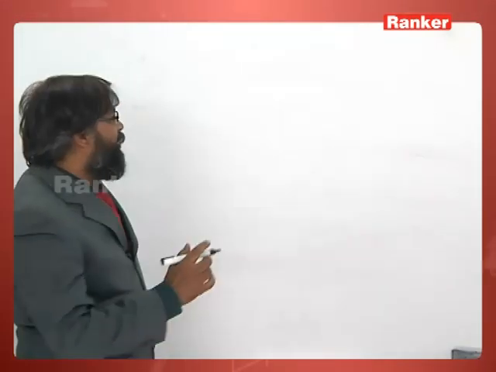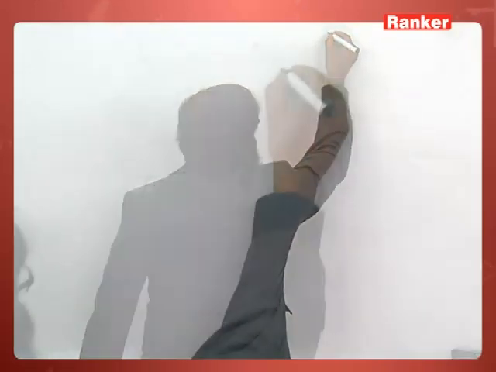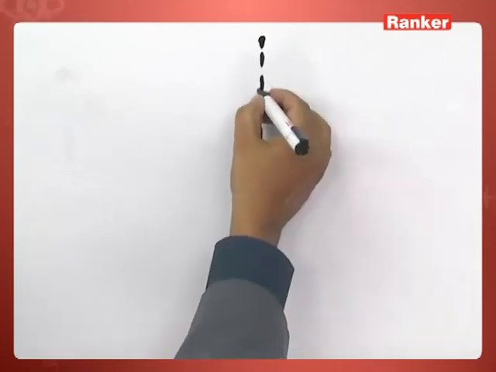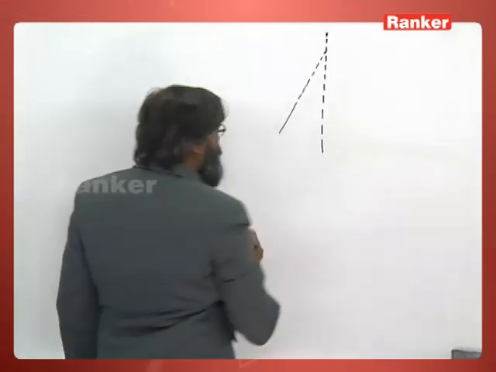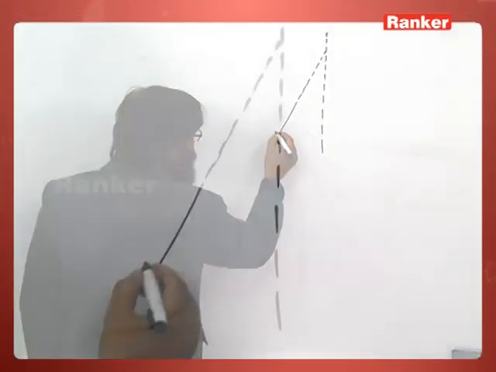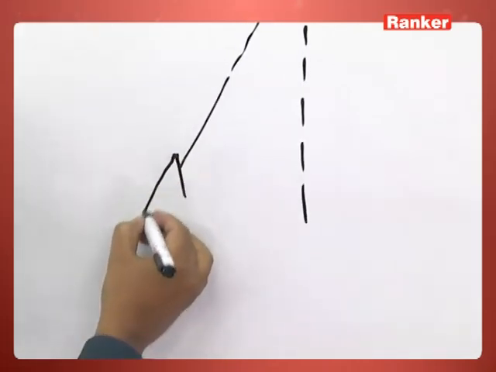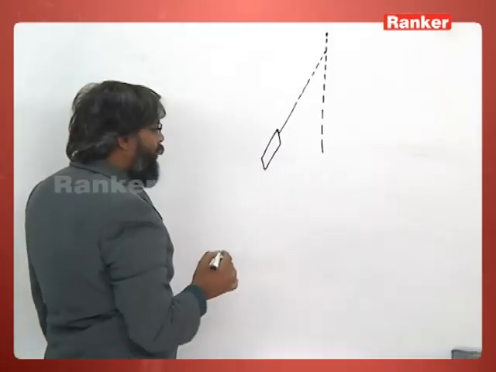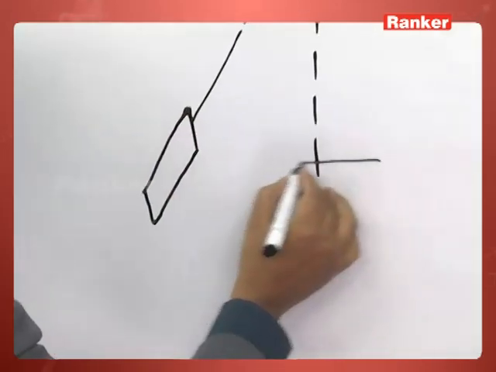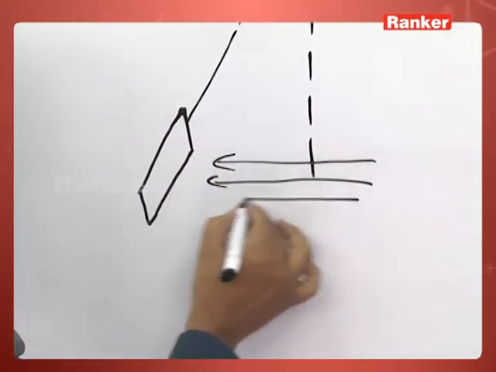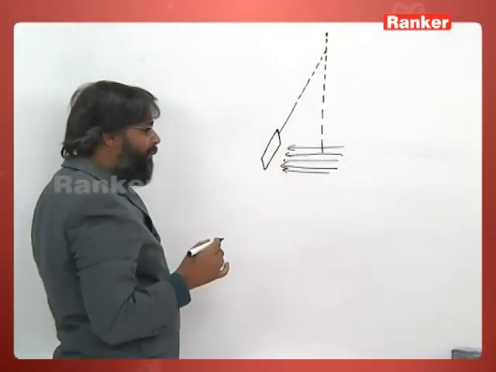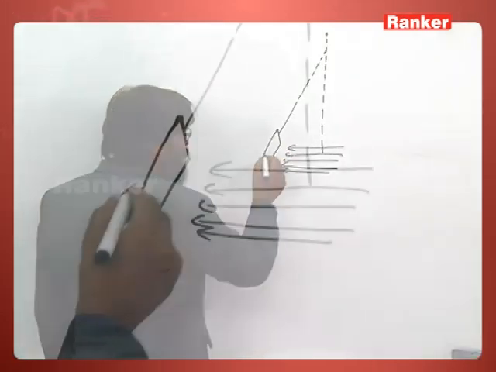So now let us solve a problem on radiation pressure. Let us assume a plate like this. This is the plate on which radiation falls from this direction, and this plate is levitated because of radiation pressure.